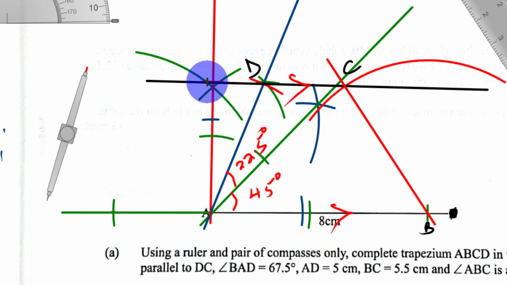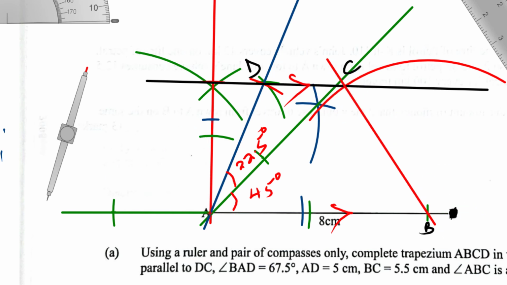So we have taken this distance from D to the bottom of that line, then we have transferred that distance from A to this point, and therefore you have used this point and this point to draw a straight line. So where that line has intersected with this arc, we used 5.5 to construct that arc. 5.5, that is BC, so point C should be there.